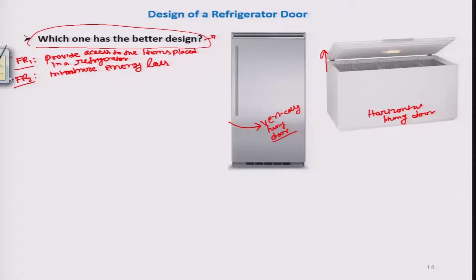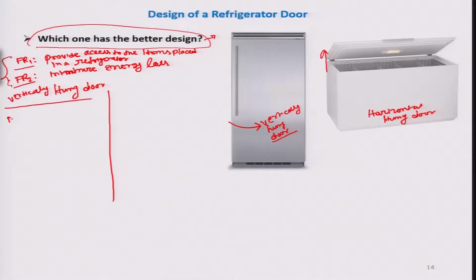Here only two requirements are available, and on the basis of that you will have to select which one is better. First requirement is to provide access to the items placed in a refrigerator, and the second one is to minimize energy loss. So first I will analyze the vertically hung door. Here what is your design parameter for that purpose?